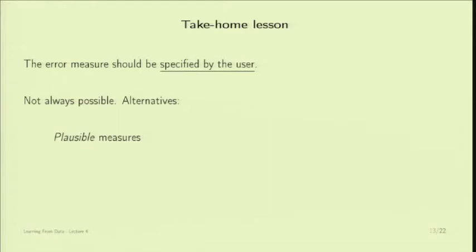So we have seen an example of that, which is squared error. If you look at squared error, you can say that if the noise is Gaussian, I didn't do that in the lecture, but it's not a difficult thing to imagine, that the corresponding error measure in this case would be squared error. So that is the plausibility of it, okay? And you can take another case, for example, the binary error. You can go and get a cross-entropy type of error corresponding to the binary error and whatnot.